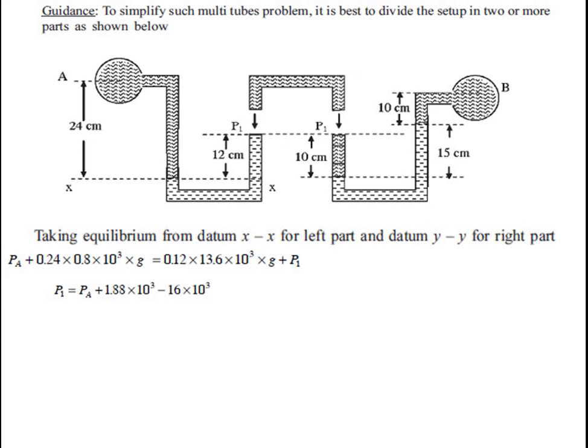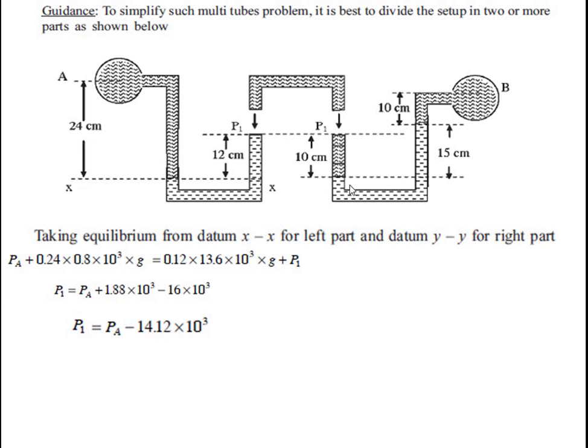So P1 is equal to PA plus 188 into 10 to the power 3 minus 16 into 10 to the power 3. So P1 can be given as PA minus 14.12 into 10 to the power 3.